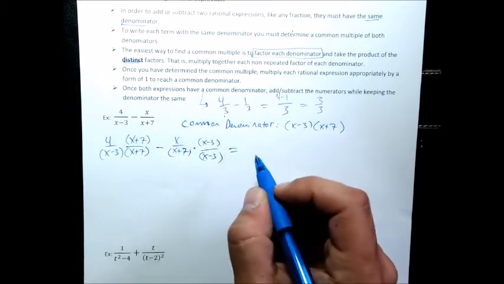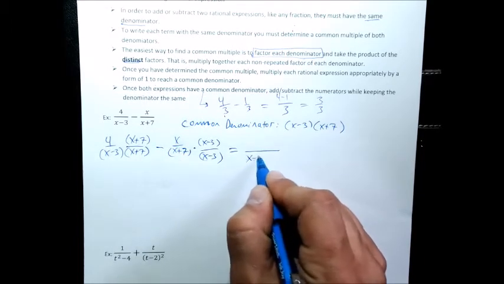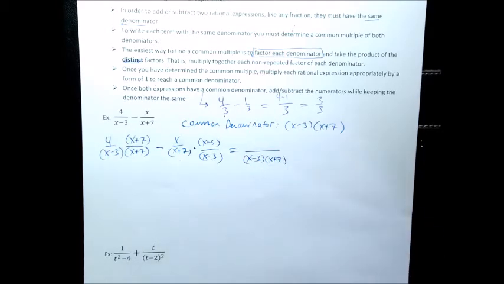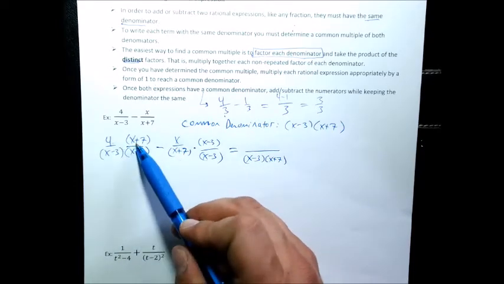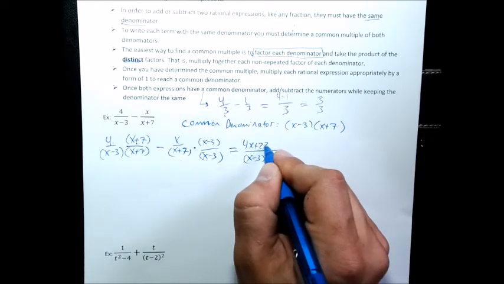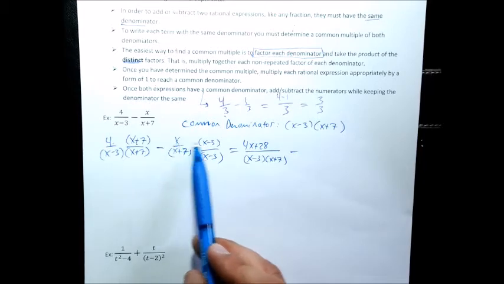And so we're going to keep the denominator the same, because we don't have to multiply that out because we're not going to change it. But we do need to multiply the top out. So we take the 4 and we multiply it through the numerator to get 4x plus 28. And same thing on the right. We multiply the x through the numerator.